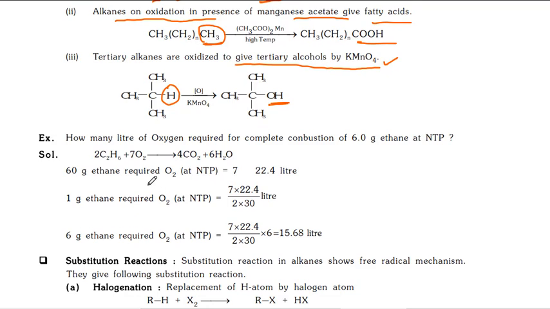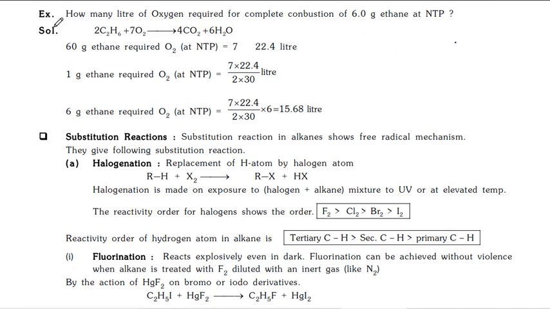Next, one sample question. Yes, one numerical we can see here. How many liters of oxygen are required for complete combustion of 6 gram ethane? Here you have to write the balanced equation first of all. After writing the balanced equation, we will know that 2 moles of ethane react with 7 moles of oxygen, forming 4 moles of carbon dioxide and 6 moles of water.